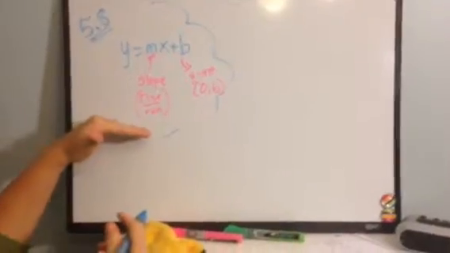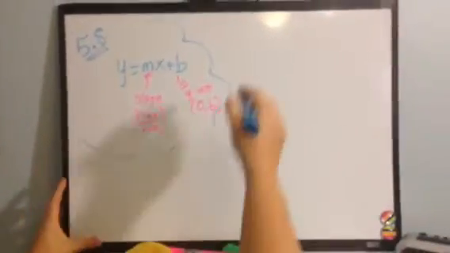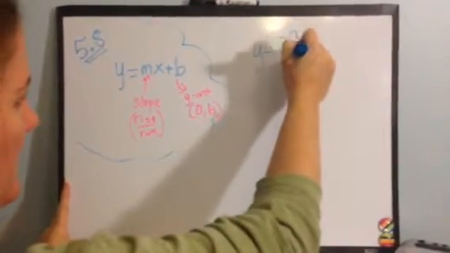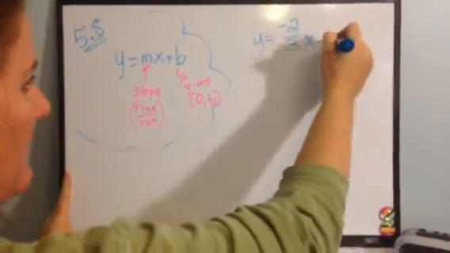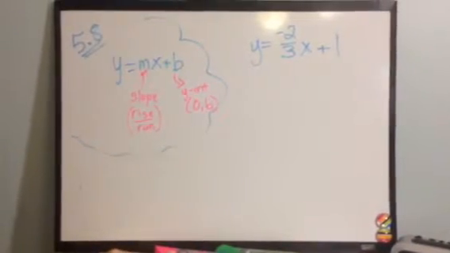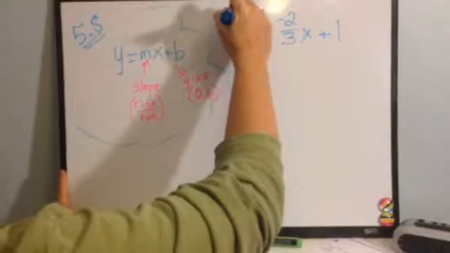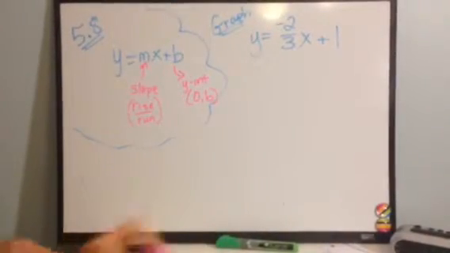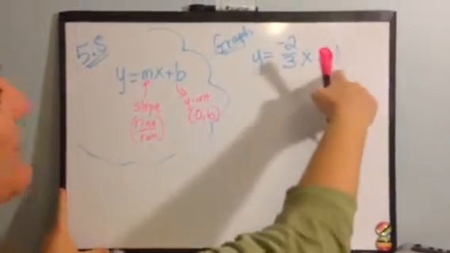So now let's apply these ideas and graph some equations. So if I have y = -2/3 x + 1, and again I'm going right through your notes so you can follow along with me. If you were asked to graph this linear equation, first thing you're going to do is look at your y-intercept.